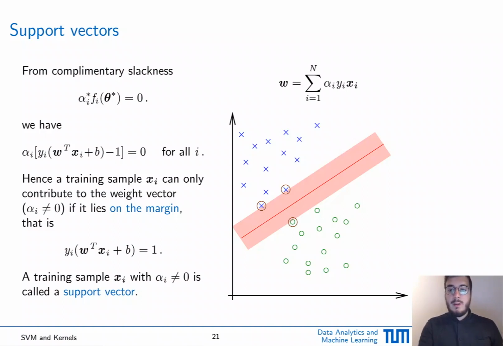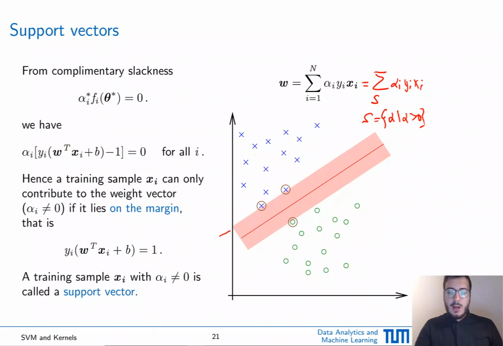So alternatively, we can write this as the sum over some set S of alpha i y_i x_i, where S is the set of alphas which are positive. And from the discussion before, if the alpha is positive, then this term over here has to be equal to 0. And what is this term? So these are those data points which exactly lie on the margin.